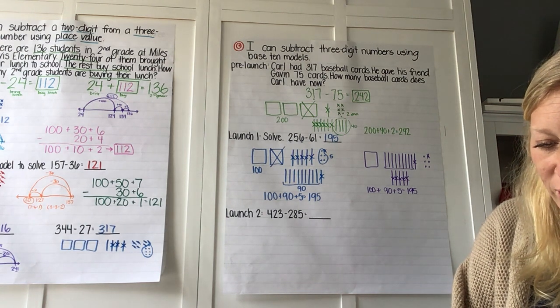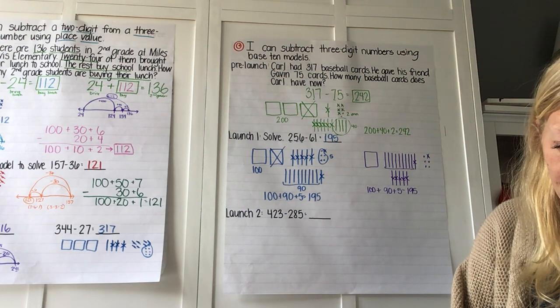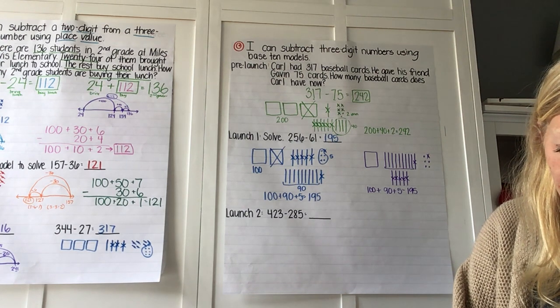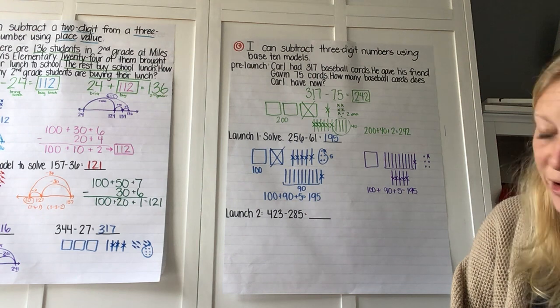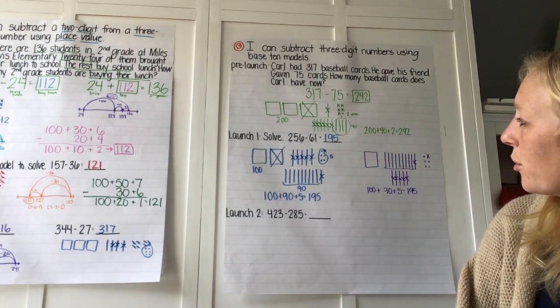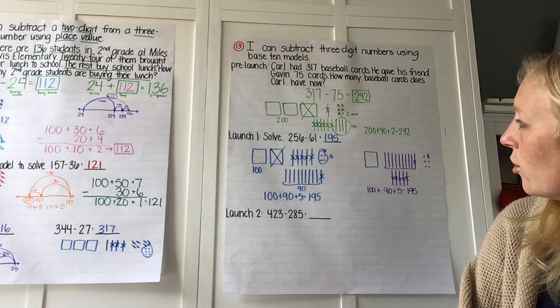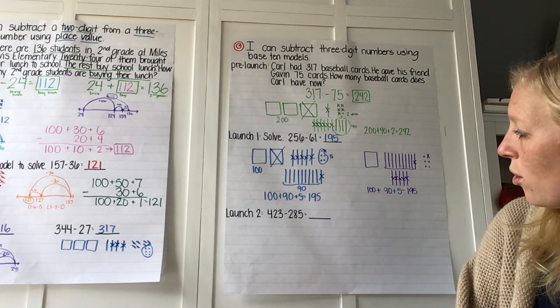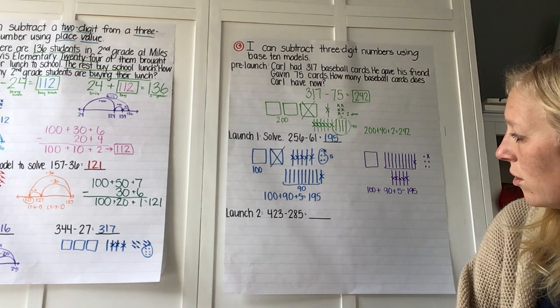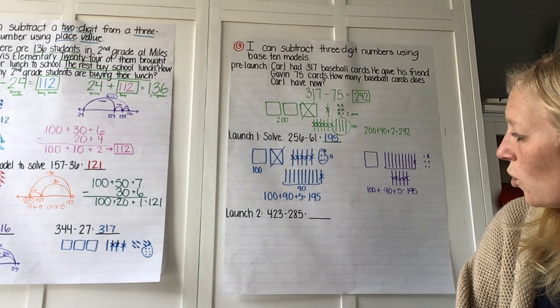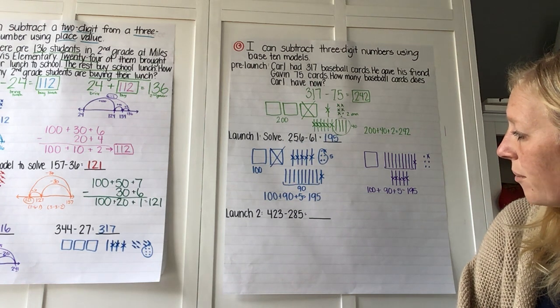And what did you have to do first after you built that? What numbers did you have to decompose or regroup? Why did you have to regroup both? So what did you find when you did that?